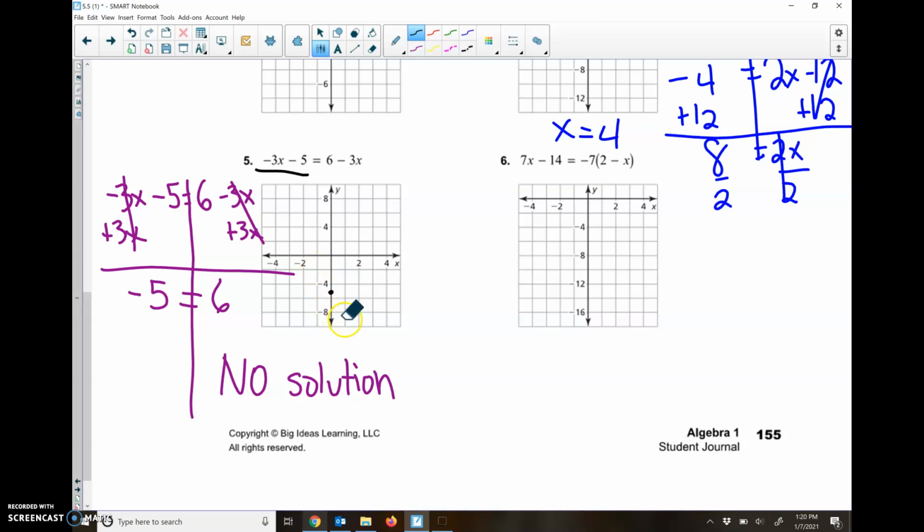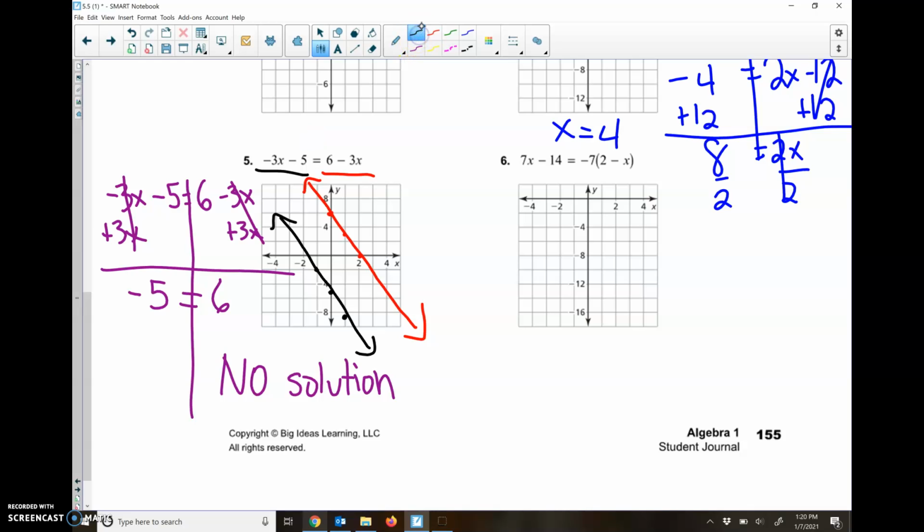So my line looks like that. And then I'll do this one in red again. So I got 6 minus 3x. I'm going to go down 3 and right 1, down 3, right 1. So we can see that those lines are parallel. They're never going to touch, so that's why it's a no solution.